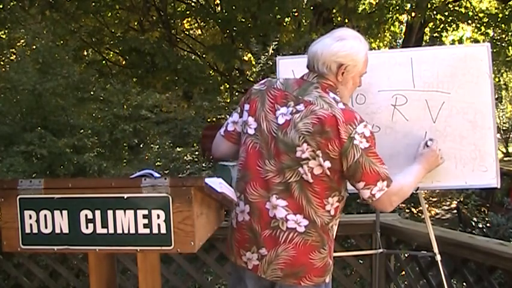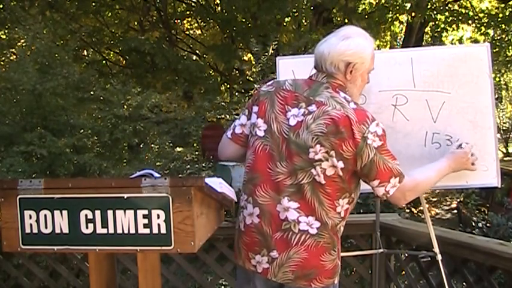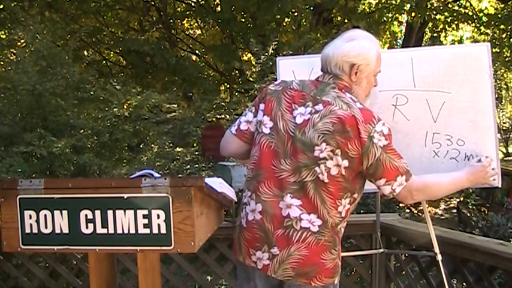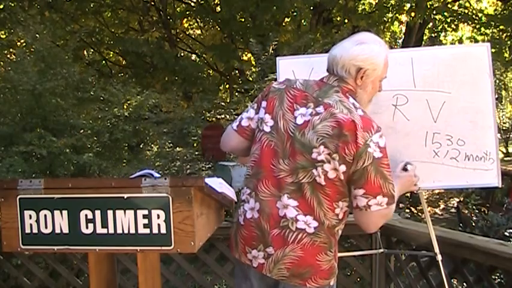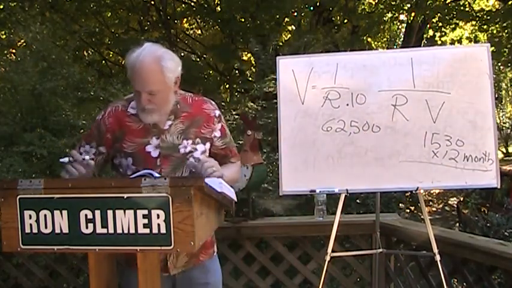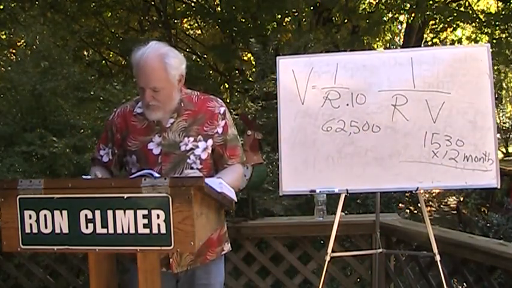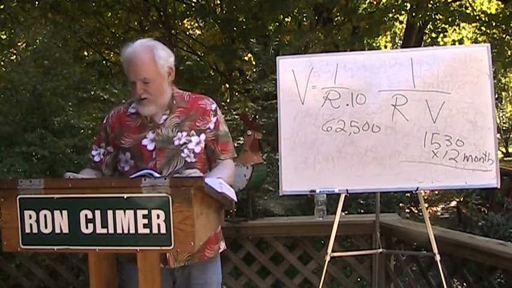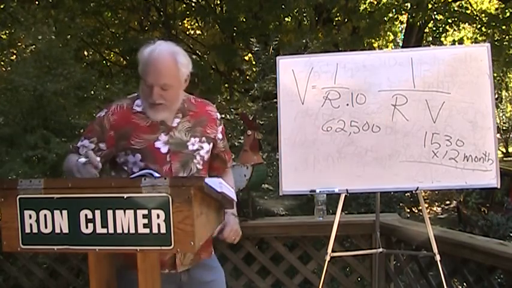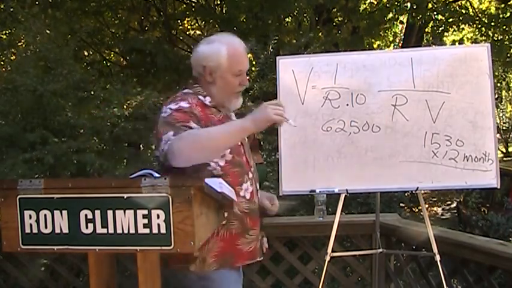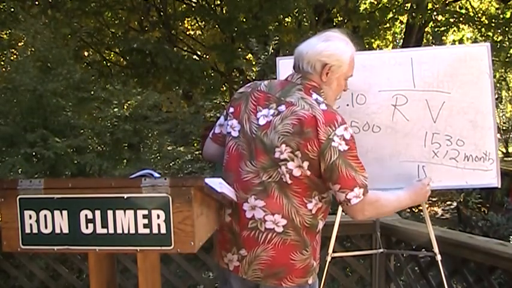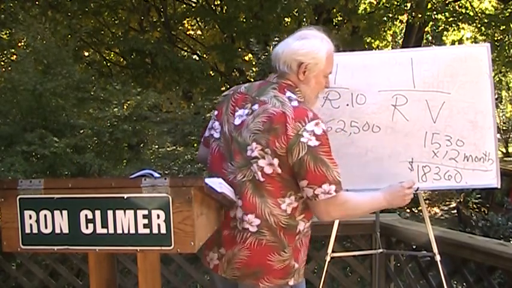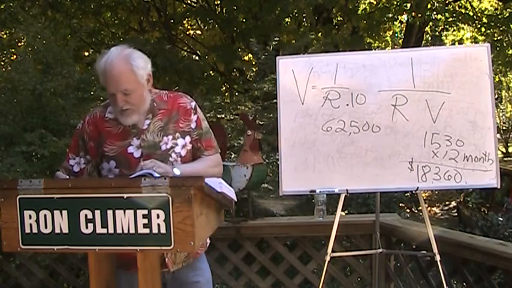All right, $1,530 times 12 months is, hold on, $1,530 times 12 months is $18,360. $18,360 expenses that this property has.